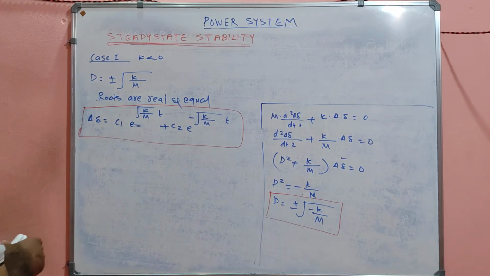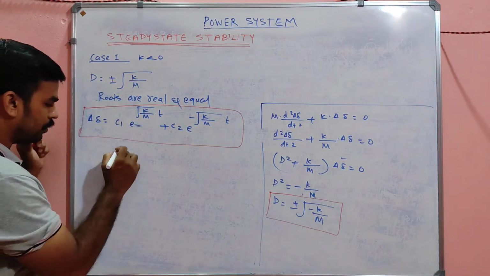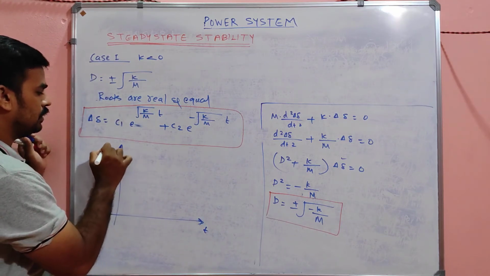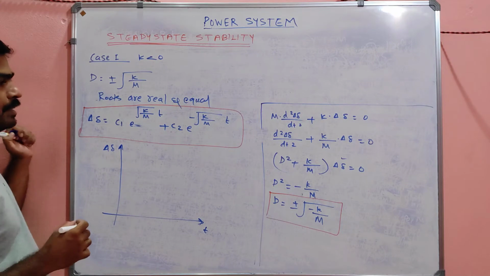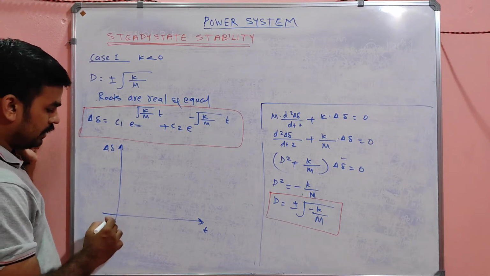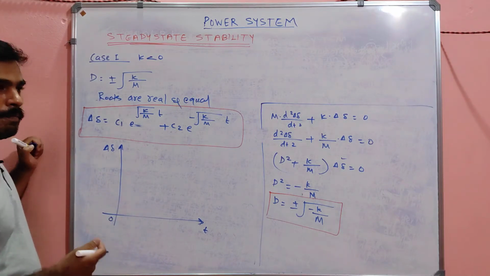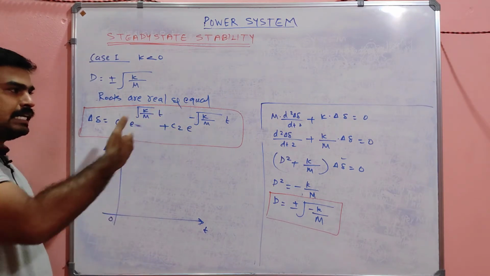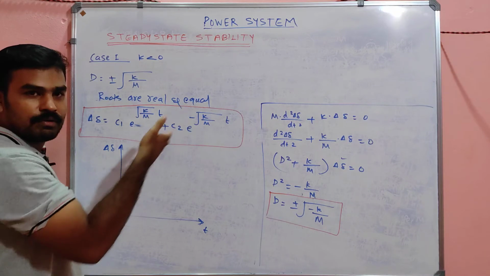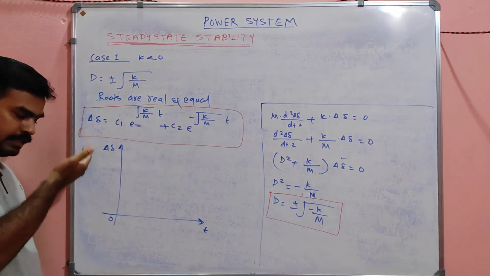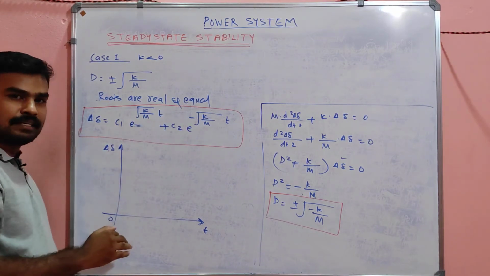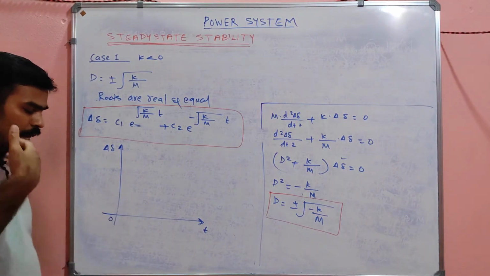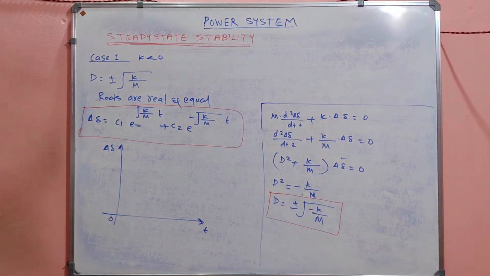So if you plot the graph of time against del, the analysis will be after t equal to 0. For t less than 0, it is exponentially decreasing, but our analysis always starts from t greater than 0.